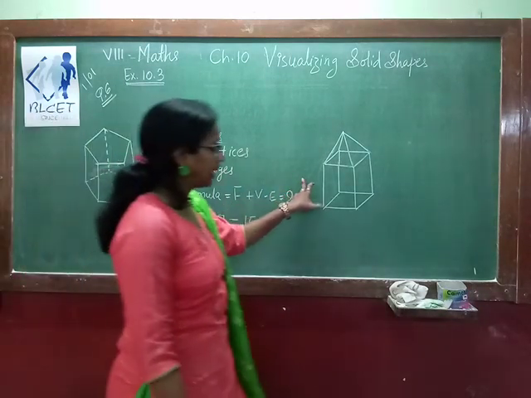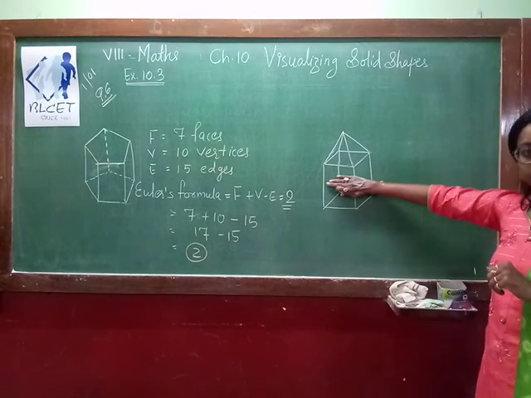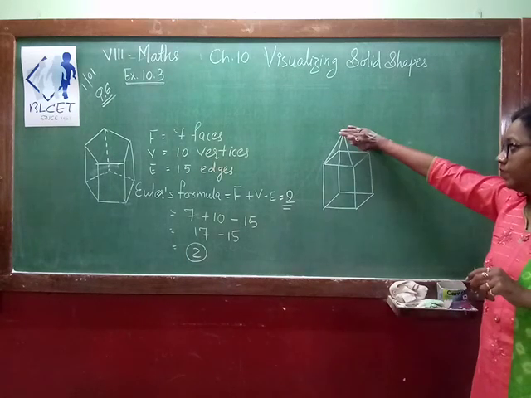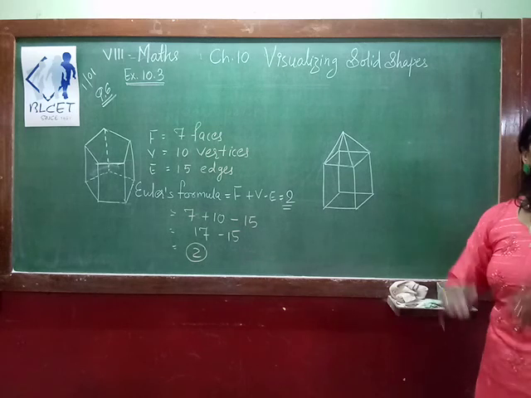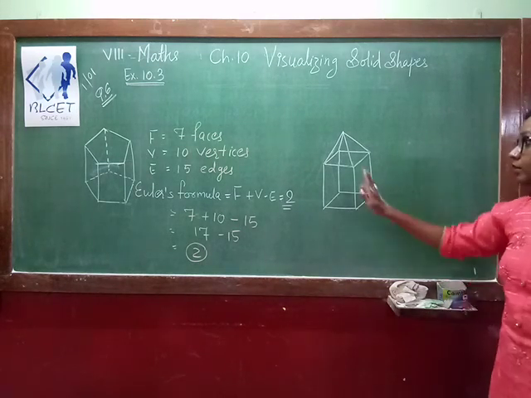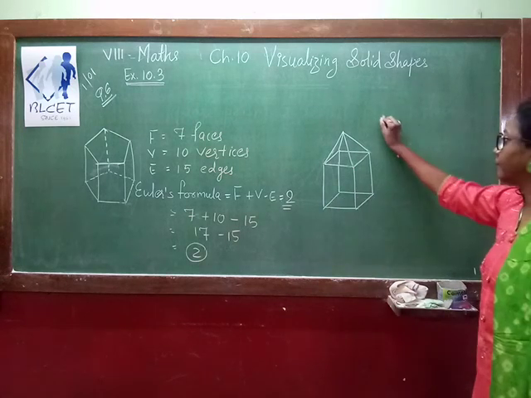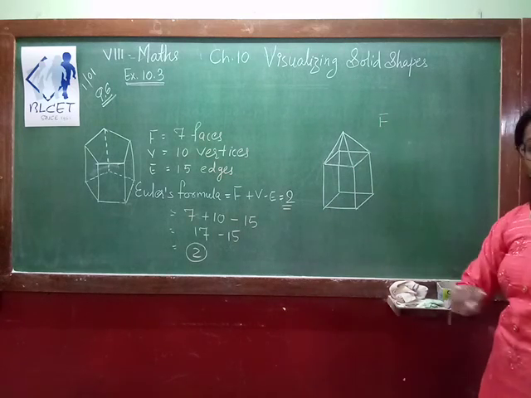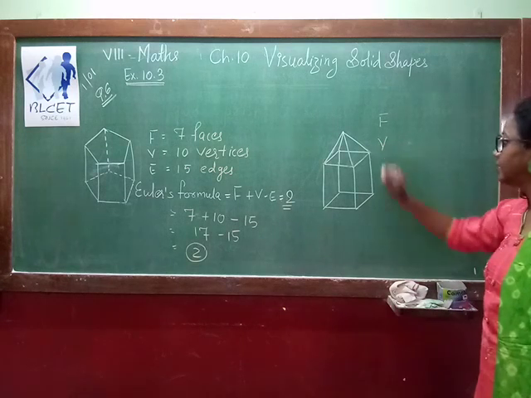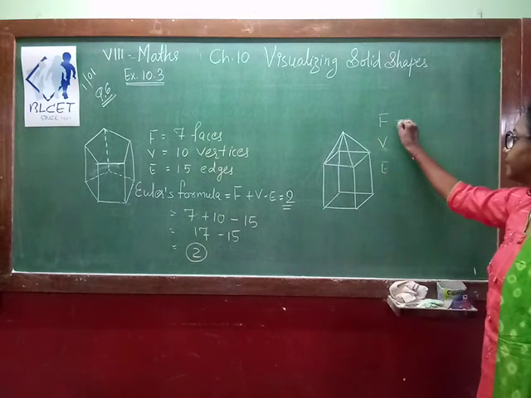Now move on to the second diagram. Here you are given a prism shape and a pyramid shape, both clubbed together. Now we will check whether Euler's formula is satisfied or not. For that, first of all we have to count the number of faces, number of vertices and number of edges.